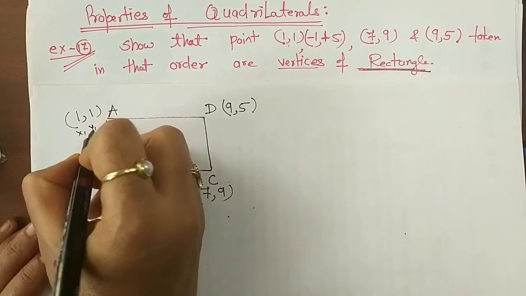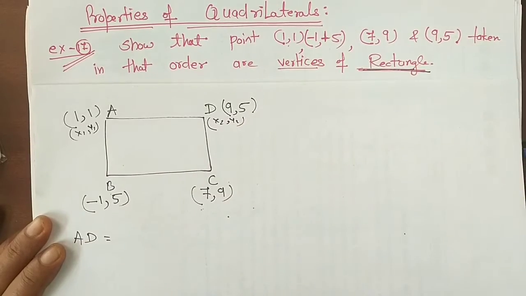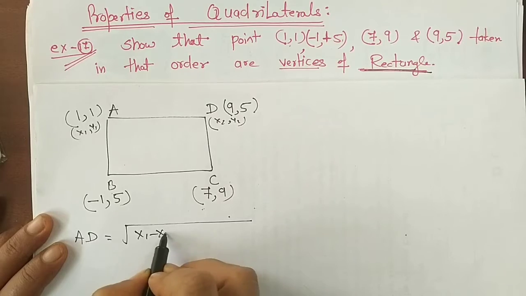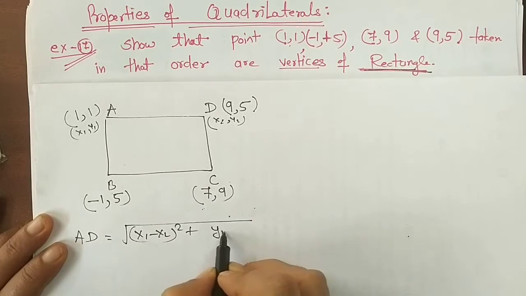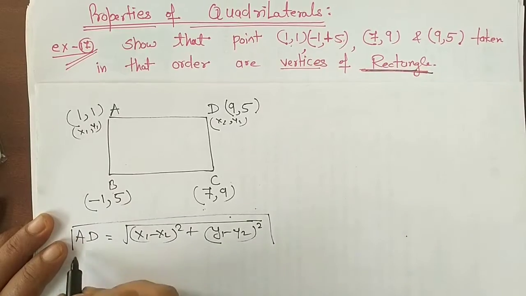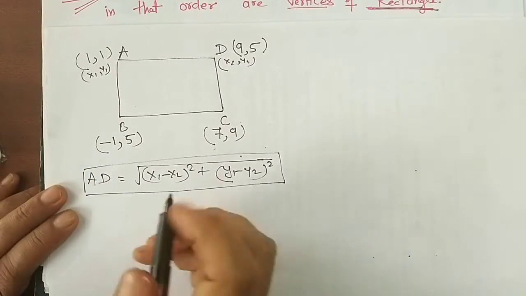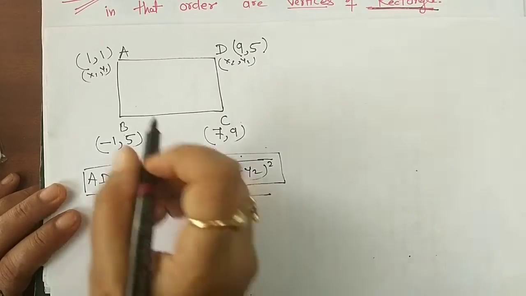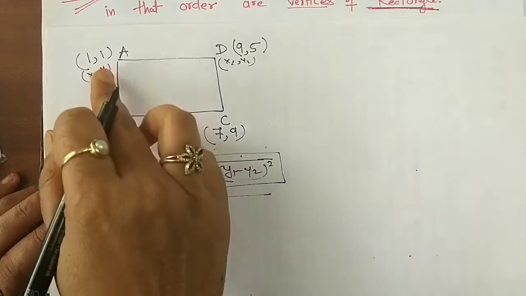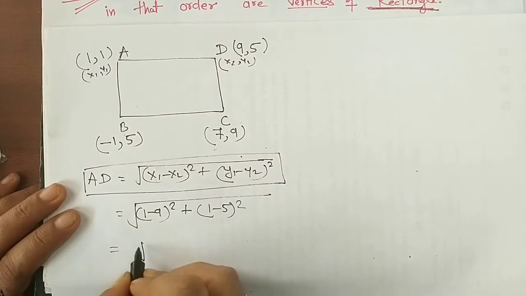Suppose this is (x1, y1), this is (x2, y2). So this will be root of (x1 minus x2) squared plus (y1 minus y2) squared. This is the distance formula in coordinate geometry that we know. Let me put the values: (1 minus 9) squared plus (1 minus 5) squared, under root.